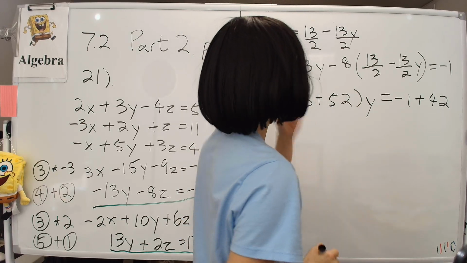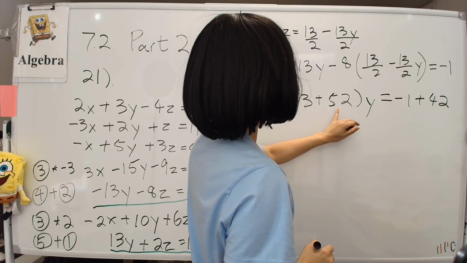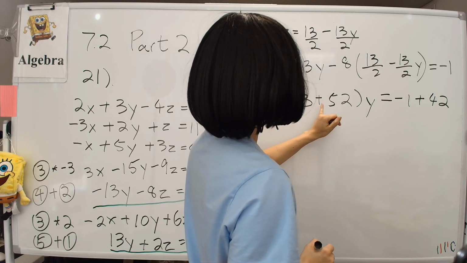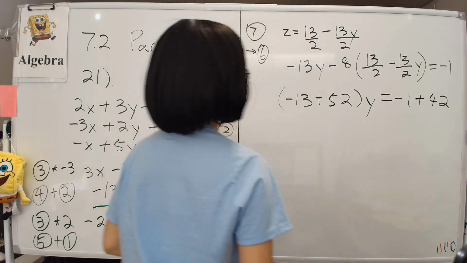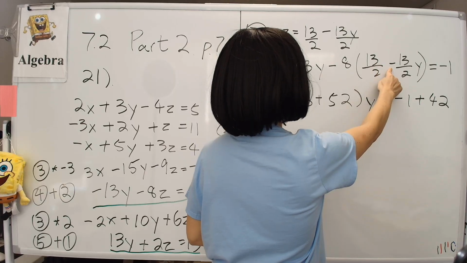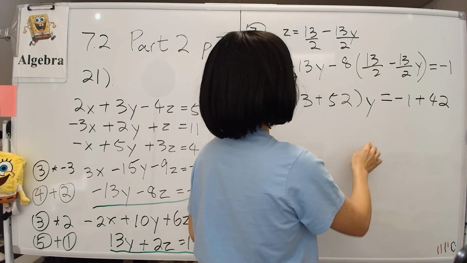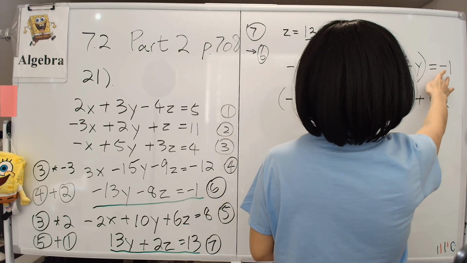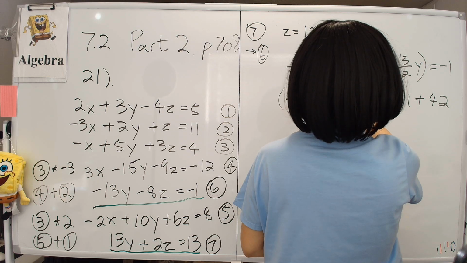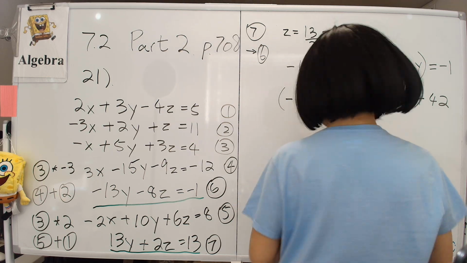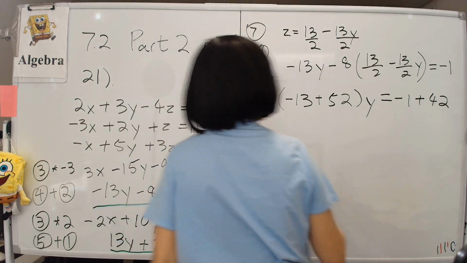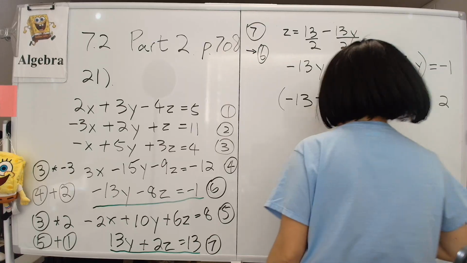Okay, it happens. So this is 52, and this is a plus, so that is okay. And then this is minus 1, and this is 4 times 13, which is again 52. I'm not sure how that helps though.